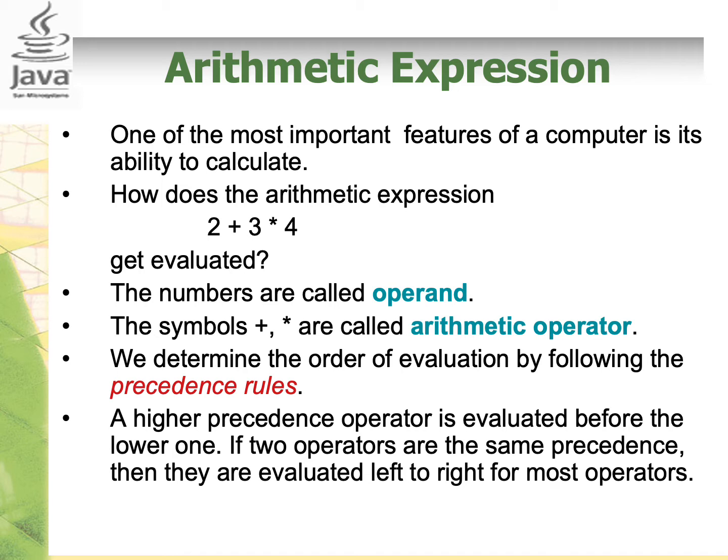A higher precedence operator is evaluated before the lower one. If two operators are the same precedence, then they are evaluated from left to right for most operators. This is exactly the same as what we have learned in mathematics. So in this question, where we have 2 plus 3 times 4, the multiplication will be done first before the addition.